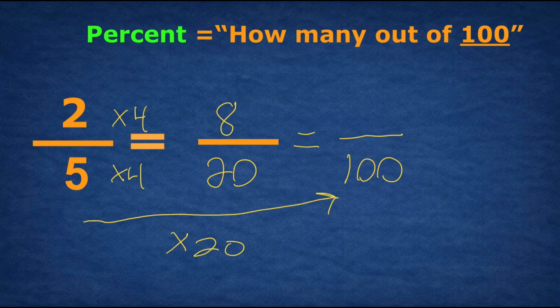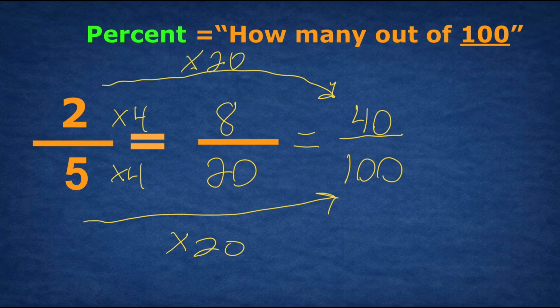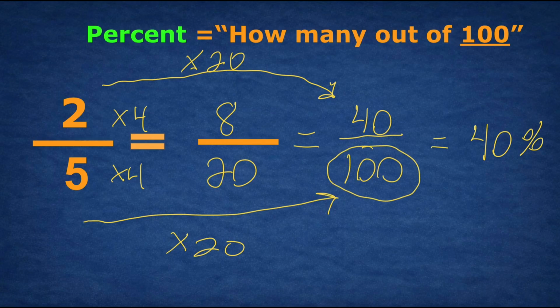And if I multiply by 20 on the bottom, I have to multiply by 20 also on the top. And we get 2 times 20, and that's going to give us 40. So I know that 2/5 and 8 over 20 both equal 40%, because we were able to create an equivalent fraction that had a denominator of 100.